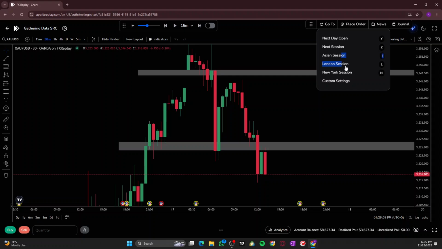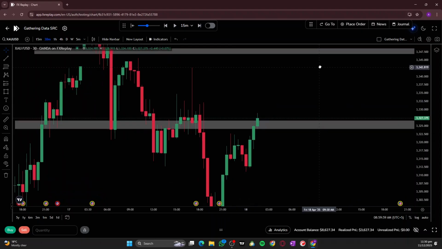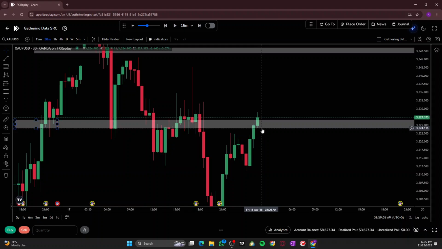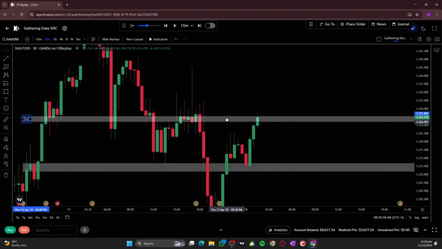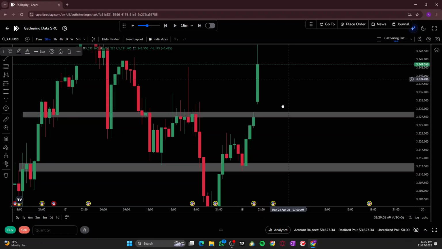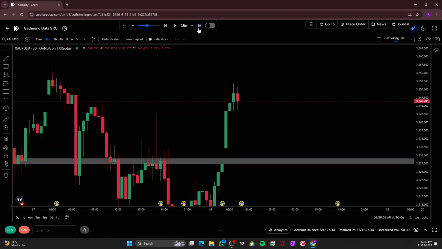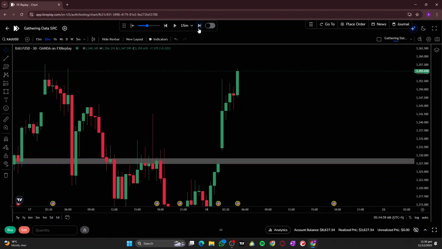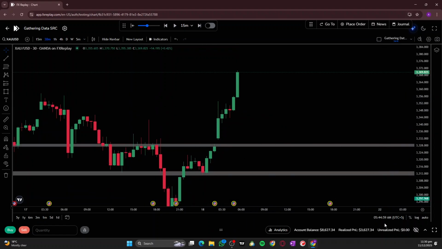Not yet for me at this stage because I couldn't see a potential setup. Bro, what type of price action is it? What the hell is this, bro?